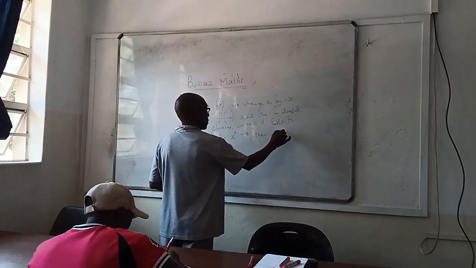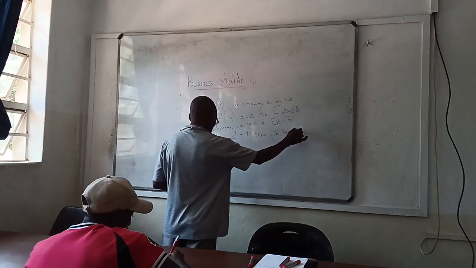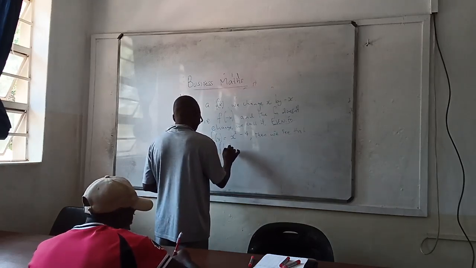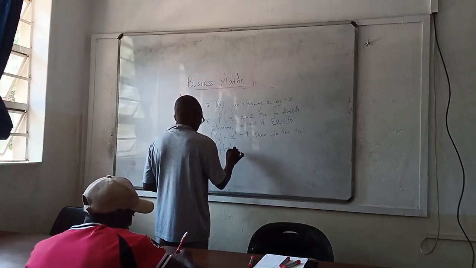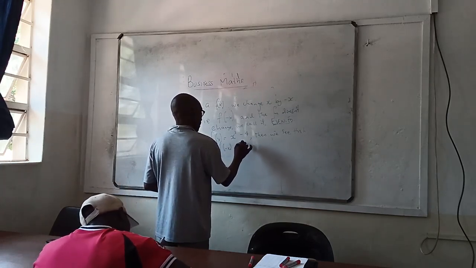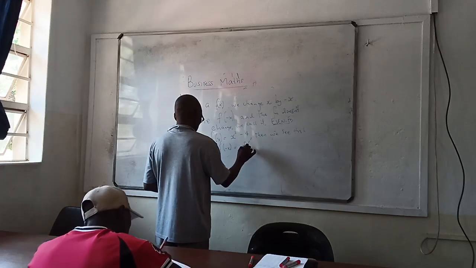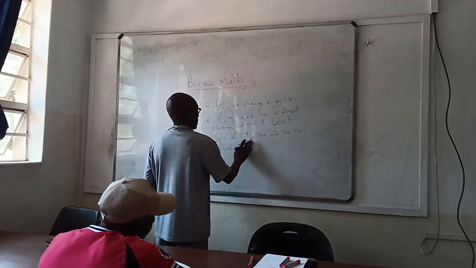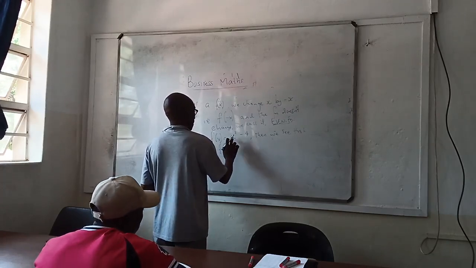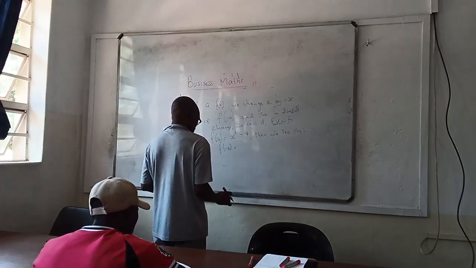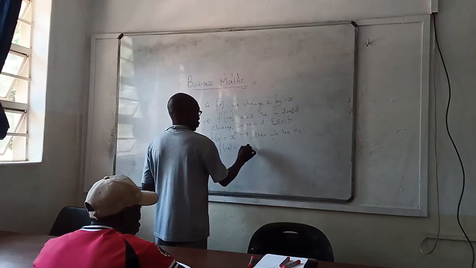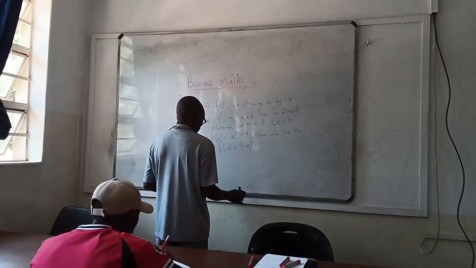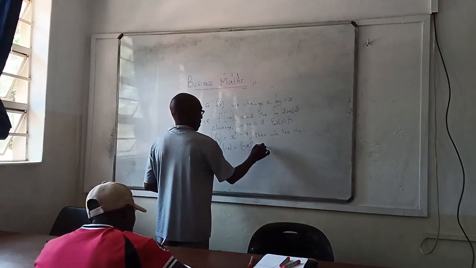Then we see that f of minus x gives us, we are changing x to minus x, right? So it's going to be minus x squared minus 4.